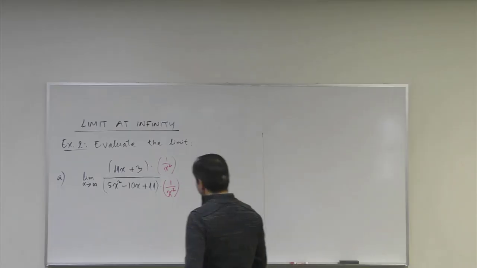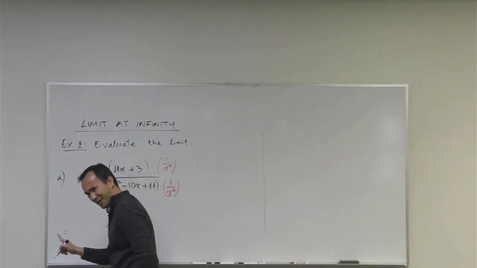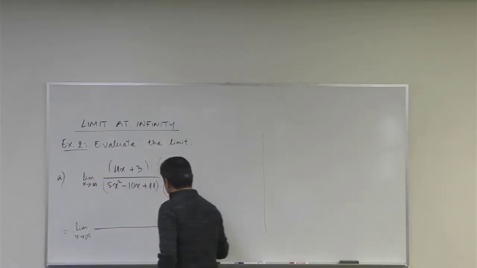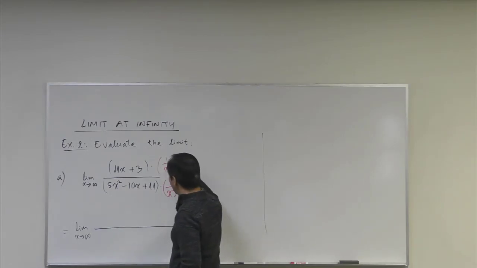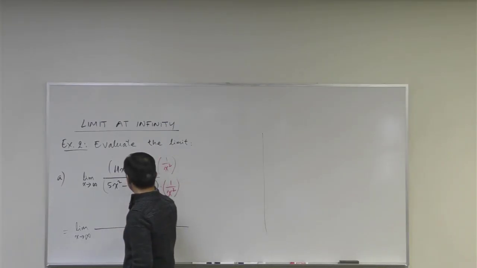But now let's look at the usefulness. We're playing around with the algebra, so you've got to get your algebra going, otherwise it's hard to move on with this kind of stuff. I'm not doing any limit yet, so I'll leave the limit hanging around. Sounds good? But now think about the consequence of multiplying 1 over x squared to each of the numerator and denominator. 1 over x squared multiplied with 11x cancels out and gives me 11 over x, right?